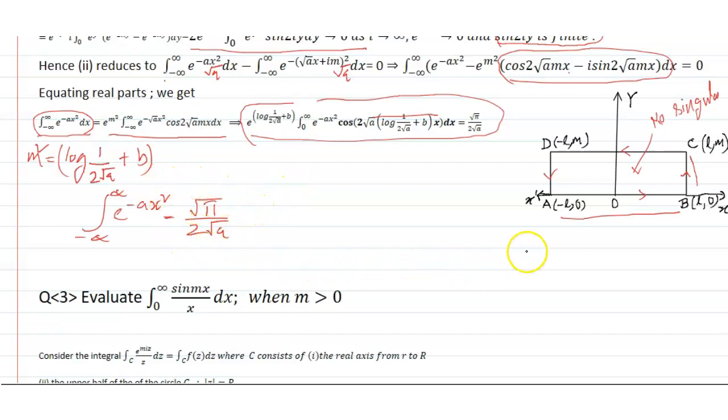Root a, as x squared is equal to t, so x is equal to root over t.